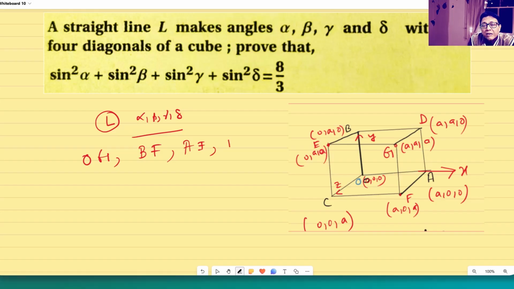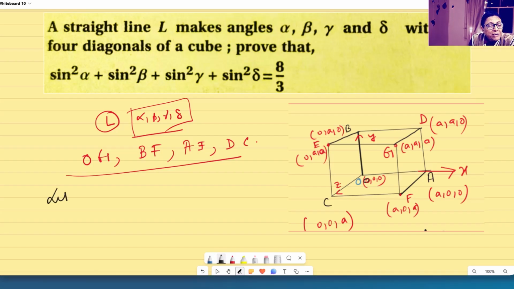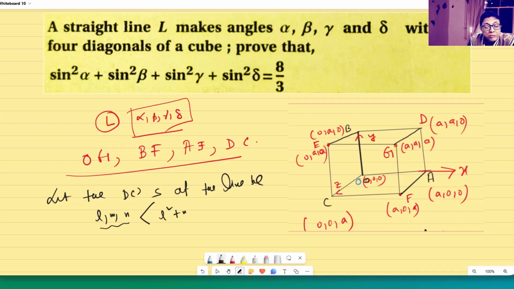They are the diagonals. And that line L makes angles with these 4 diagonals. The direction cosines we can assume. Let the DCs of the line be l, m, n. One property, one relationship among l, m, n is known. For any line, the sum of these squares equals 1.